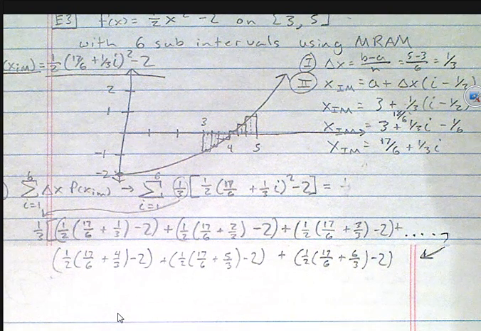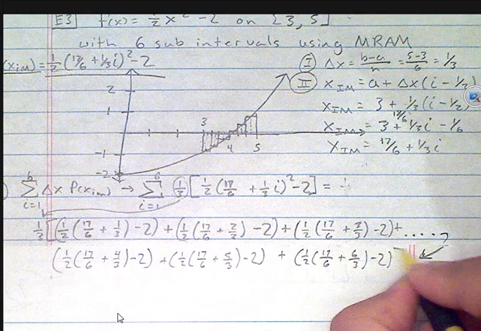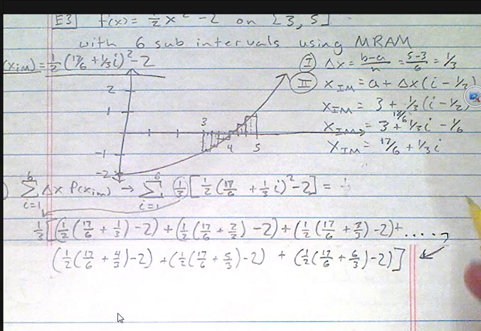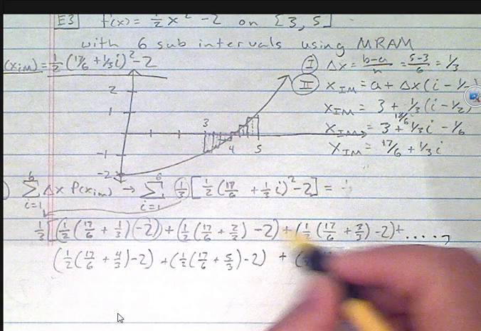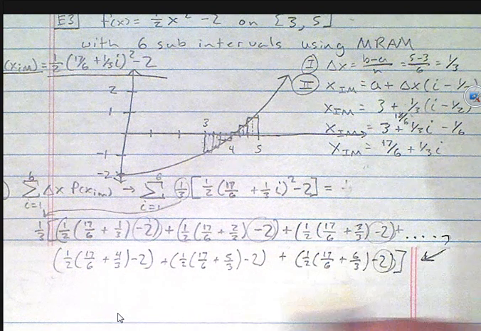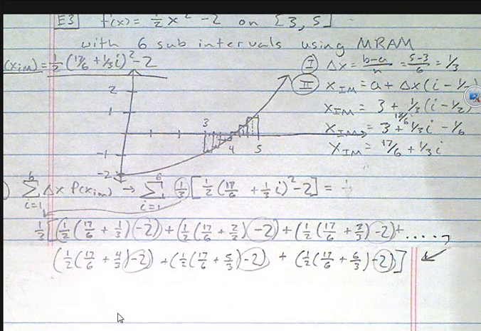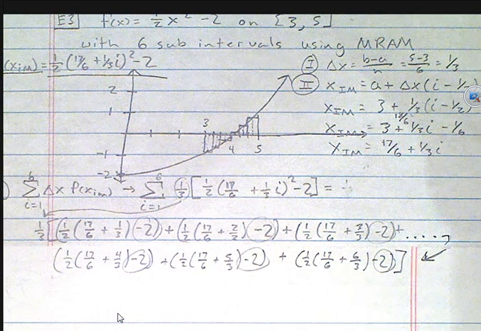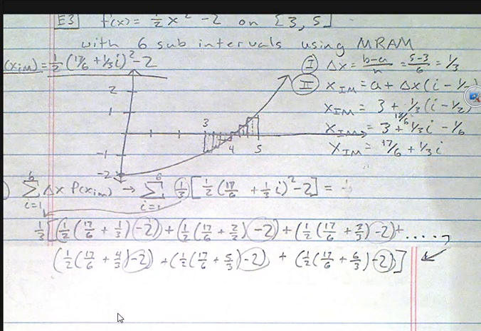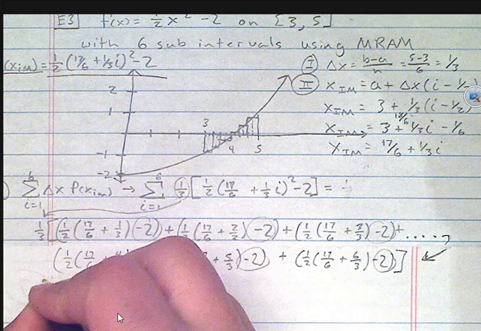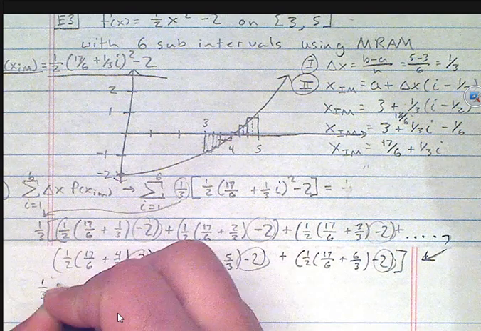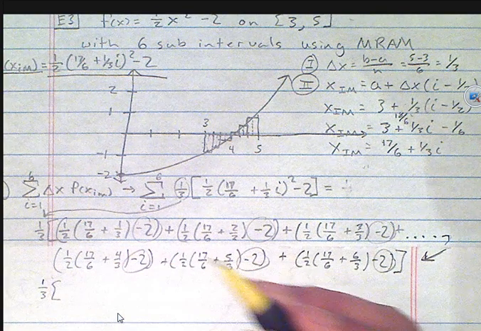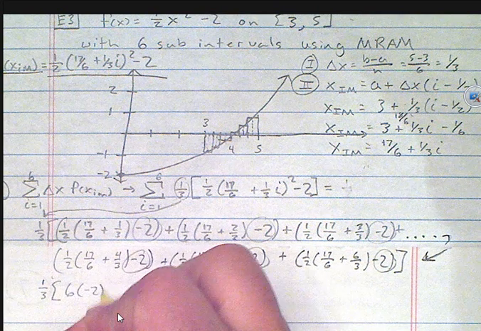Now I'm going to add all this up, but before I do, I want us to realize a couple things. Look at all these minus 2's. You can use your calculator, that's fine. You can get common denominators, that's fine. But there are 6 negative 2's, so I can convert this into 1/3 times 6 times negative 2.